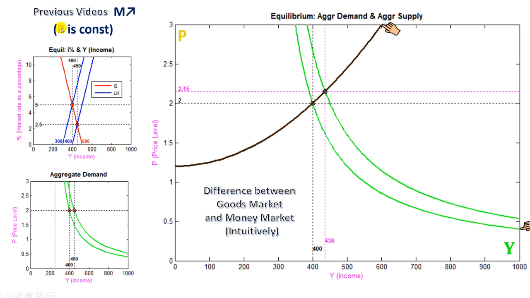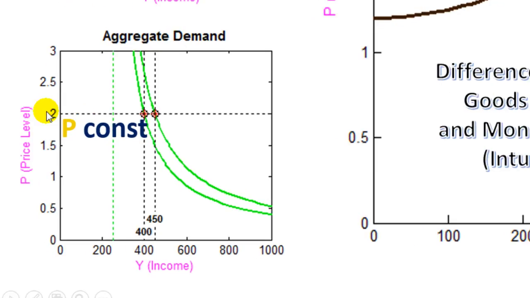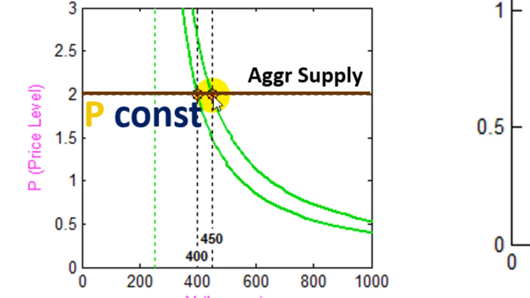Now, if price level is constant, in this case it takes the constant value 2, then the aggregate supply, that actually is a short run aggregate supply, is horizontal because P is constant. Then we pass from this point to this point, so income passes from 400 to 450.